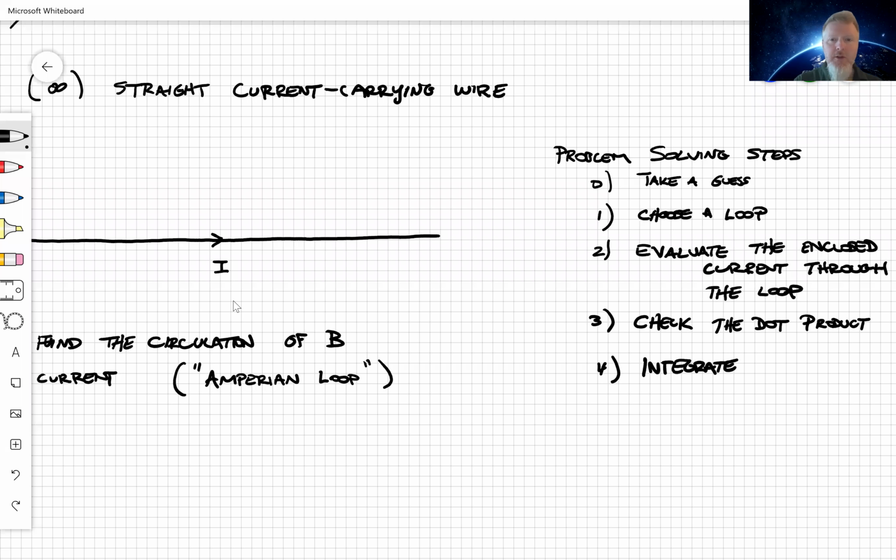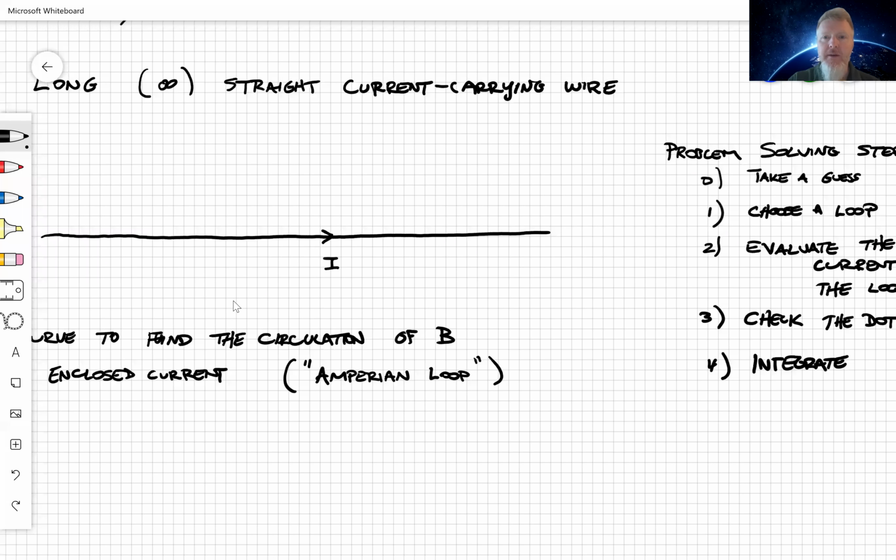We're going to take a loop around the current wire here. Now this is going to be a very simple example, a beginning example. So just to illustrate, we're going to choose a loop. In this case, what do we expect?